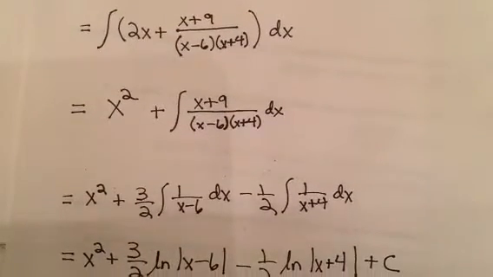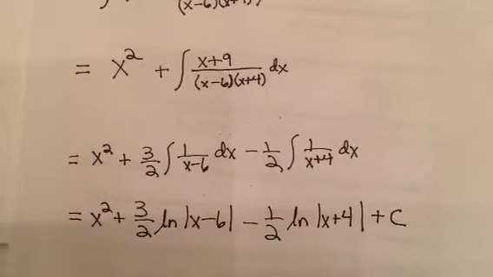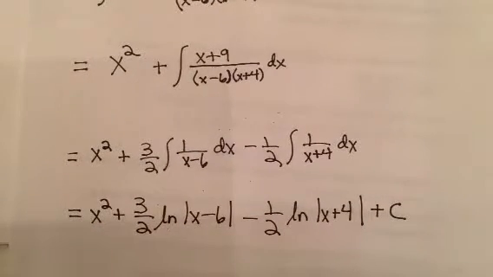For the final solution, from 2x the antiderivative is x squared, and from the ratio resulting from the remainder, after the partial fraction decomposition and integrating, we have 3/2 the natural logarithm of x minus 6, and then negative 1/2 of the natural logarithm of x plus 4, followed by the constant. So in the final result, we have three antiderivative terms followed by the constant.